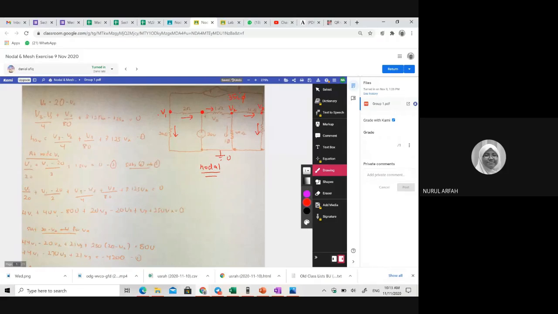So the first part, what do you think at this part, this part here? Can you see my yellow color here? This part. What is the node value?